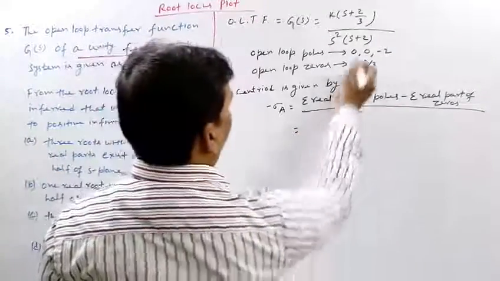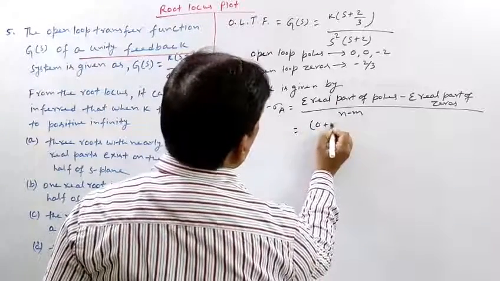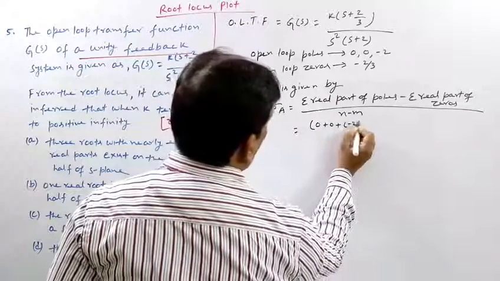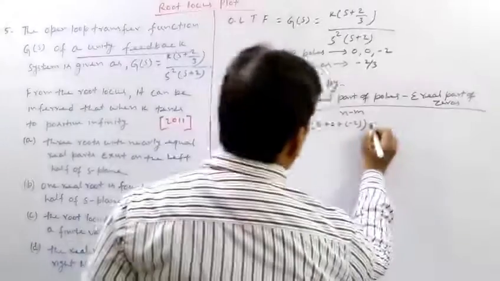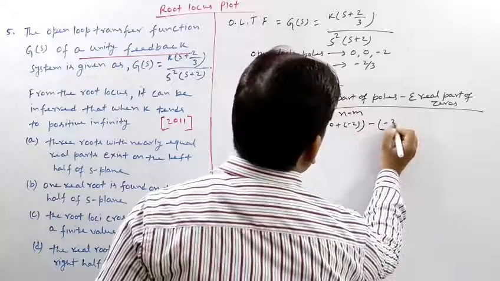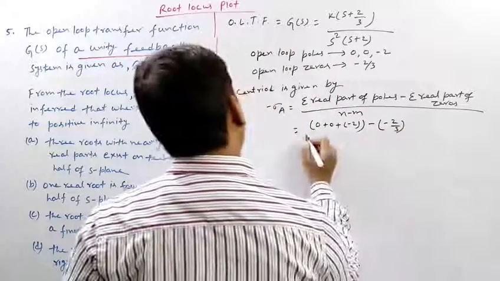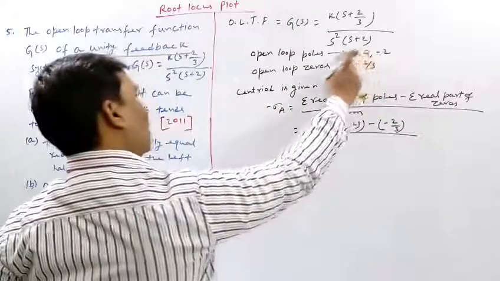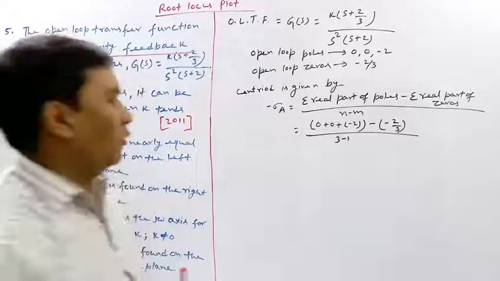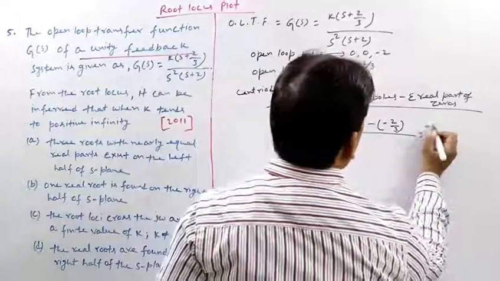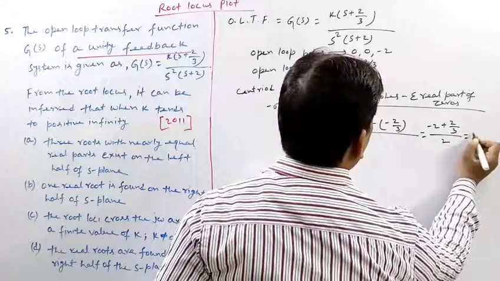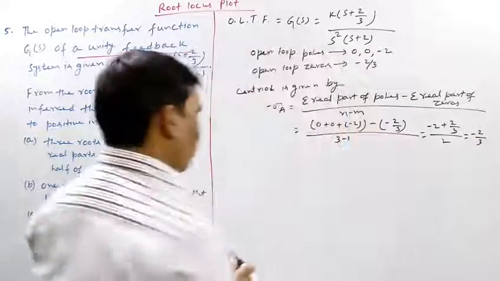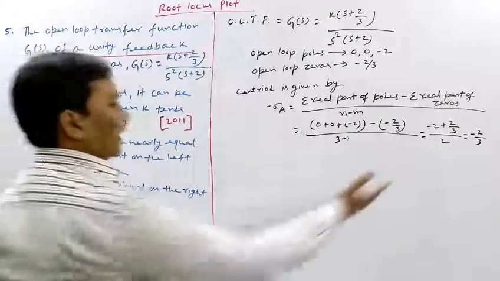So the real parts of poles are 0 plus 0 plus minus 2, minus the real part of zeros, which is minus 2/3, divided by 3 minus 1, because there are 3 open loop poles and 1 open loop zero. This will be nothing but minus 2 plus 2/3 divided by 2, which is minus 2/3. So now we have calculated the centroid.